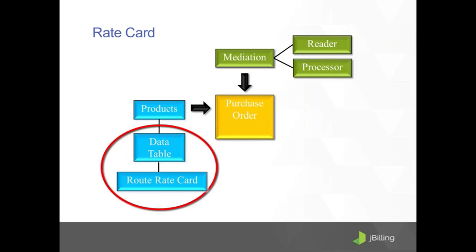The route rate card in this scenario, or in all scenarios really, is only used for pricing resolution. So the data table in this scenario is used to define or find the product that is being used. And in this case, it's based on a prefix. And then the route rate card defines the pricing to apply to that product. And then the system applies that to our purchase order so that we know what services the customer used and what that rate is.